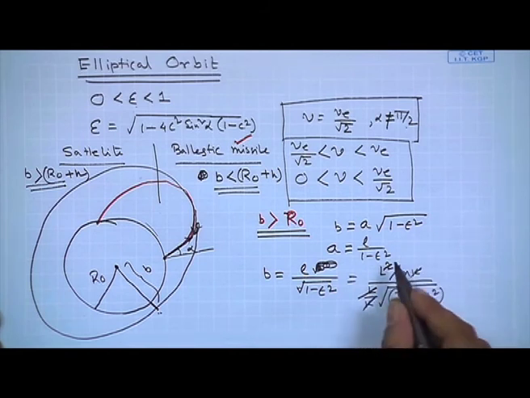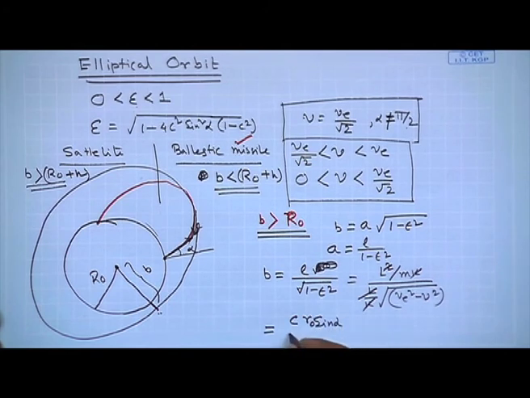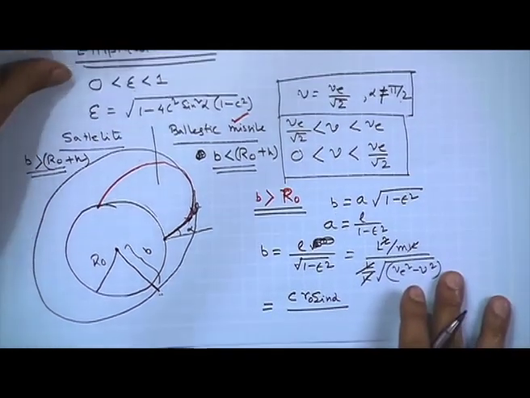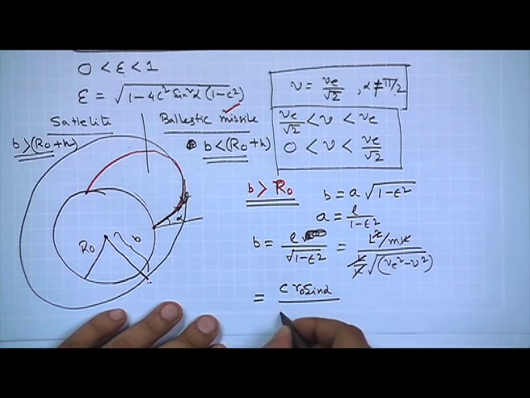Okay. So, if we perform all this calculation, essentially we will be left with c r0 sin alpha root over 1 minus c square.